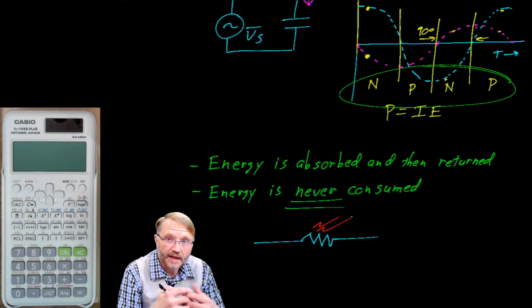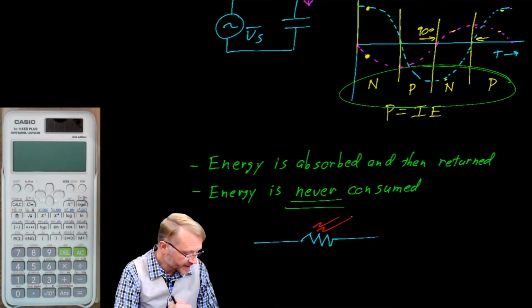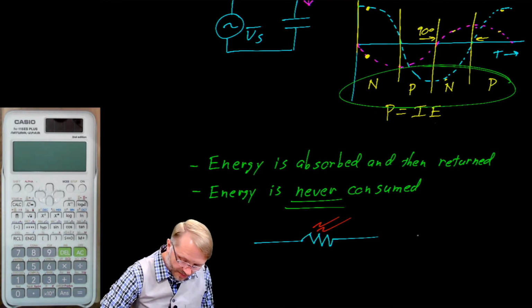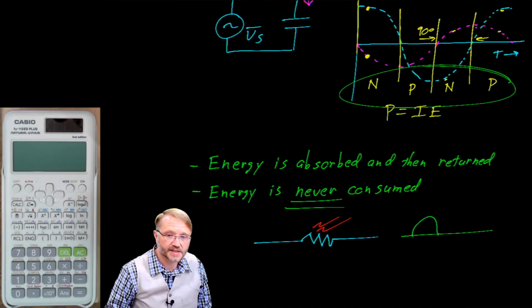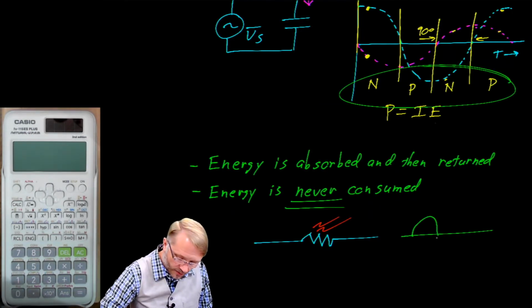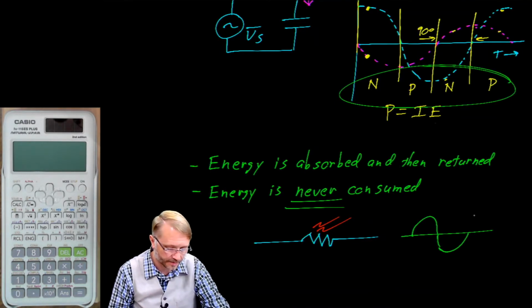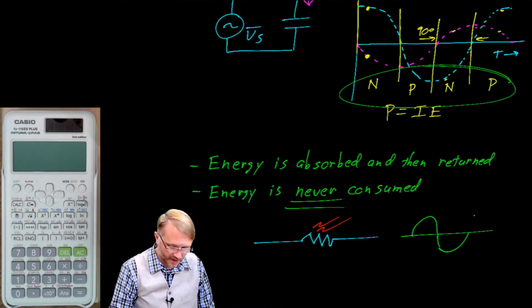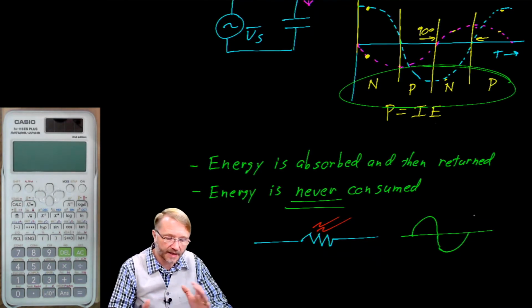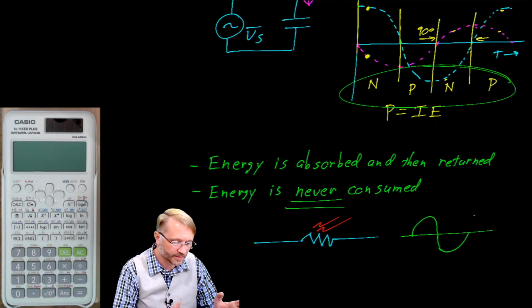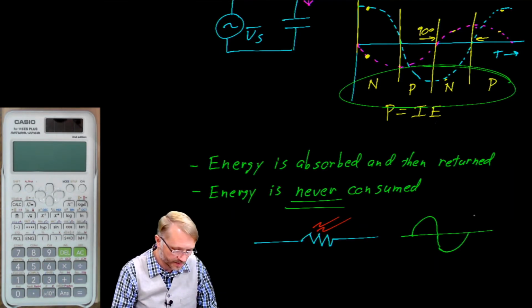Remember, a resistor, if it was connected up to that power supply, would take in the electrical energy and convert it to heat, which is not recoverable. The capacitor takes the energy, for example, it will charge on the positive half cycle, and then it will return the energy back to the power supply and then charge up to the opposite polarity. So you have energy that's moving back and forth between the capacitor and the power supply, but it's never consumed.